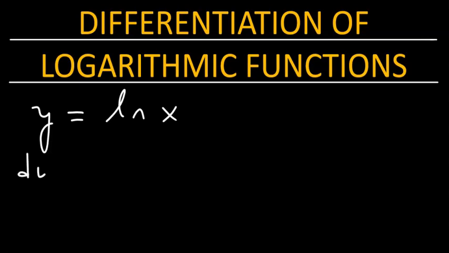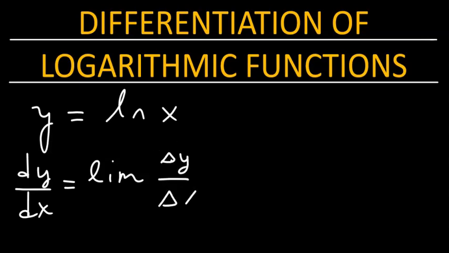So what is dy dx? From differentiation from first principles, we know dy dx is the limit of delta y over delta x as delta x tends to 0.